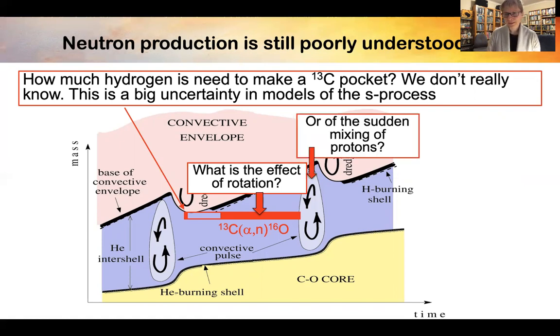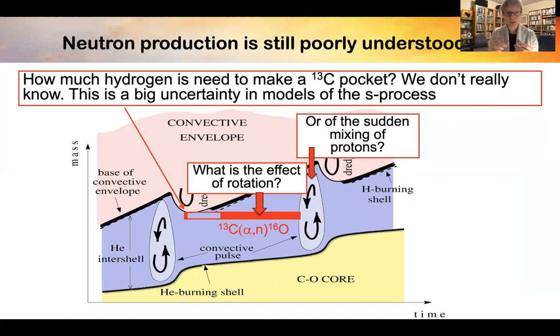Okay, what about the sudden mixing of protons? What if I mixed very rapidly, say under post-AGB conditions, where I've got a very thin convective envelope now, most of it eroded by mass loss? What if I've got a convective helium shell, a thermal pulse taking place when I have a very thin envelope mass?